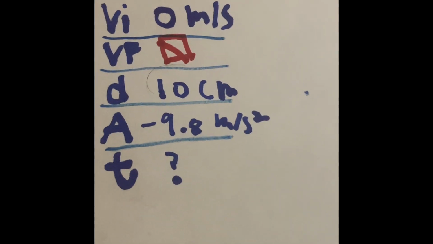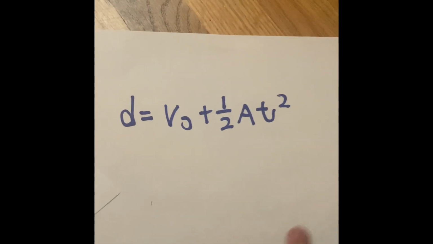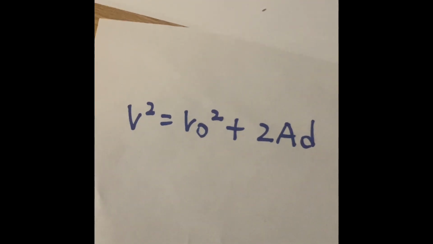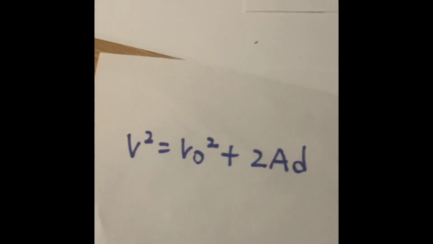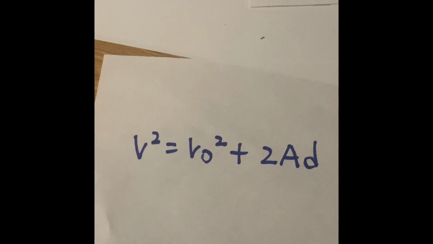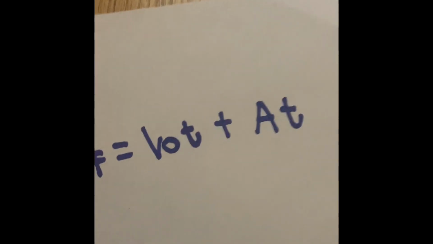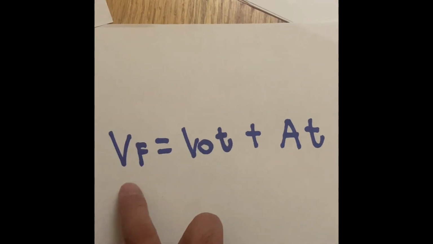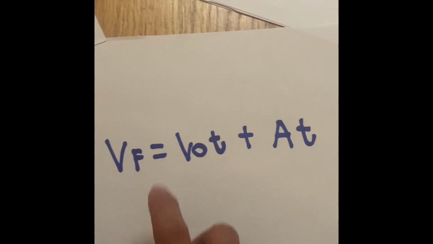So we have 3 of those formulas that we showed in the beginning of this video: final velocity, your displacement, and your final velocity squared. Well, what we're going to do is try to make some kind of new formula so we can immediately get to time and see what we can get by calculating on a calculator. We could use this one, but that brings us to the final velocity, which we don't really want.